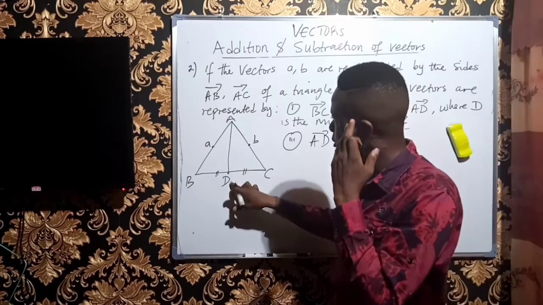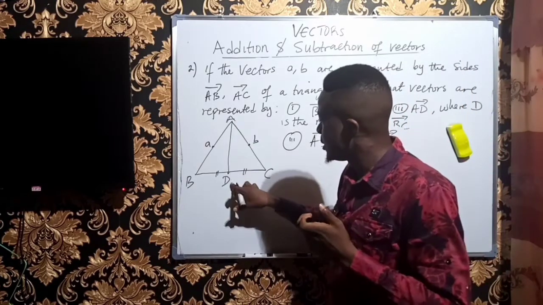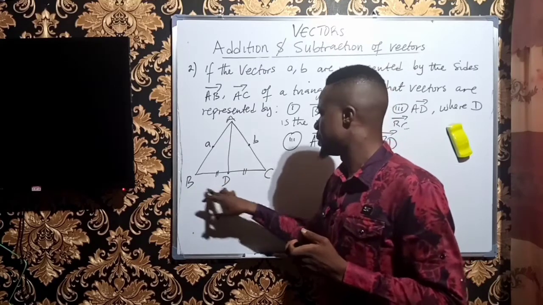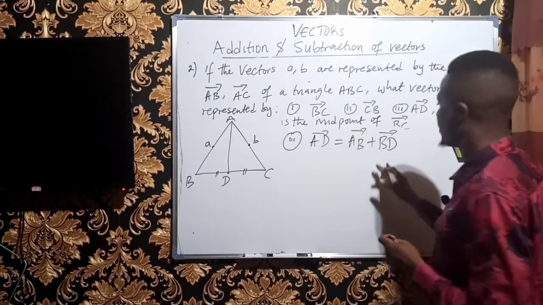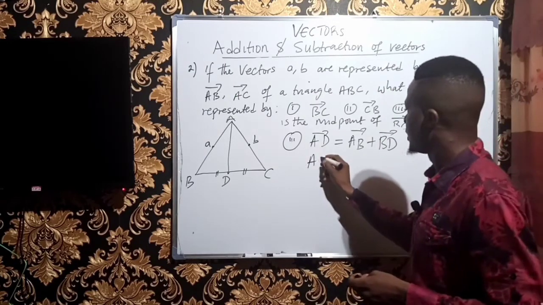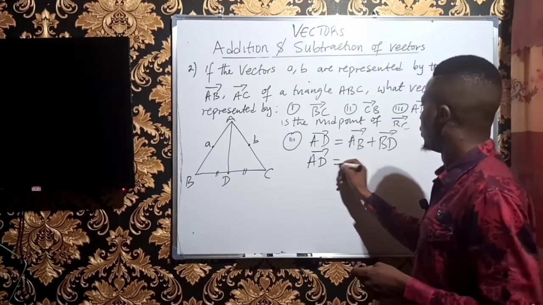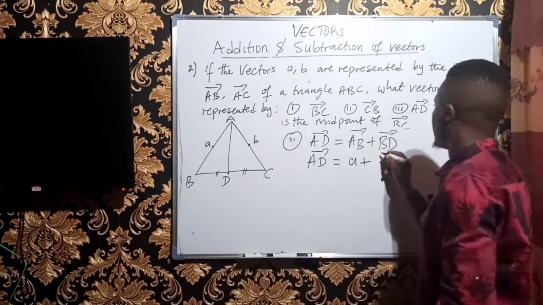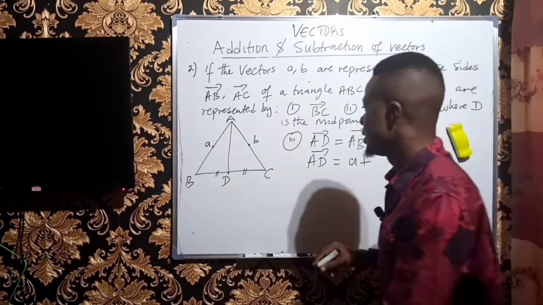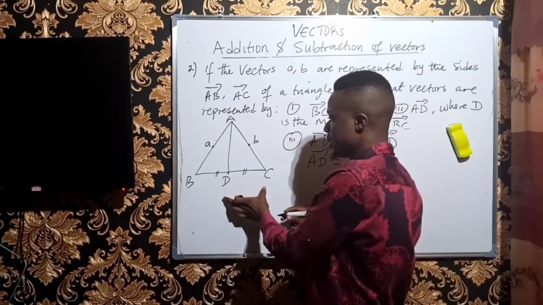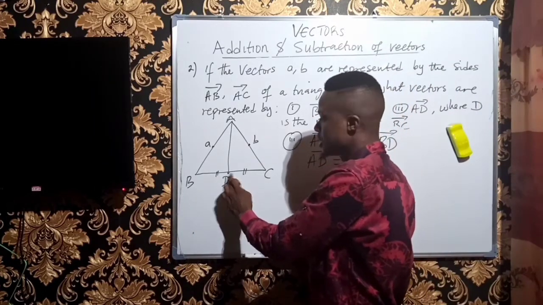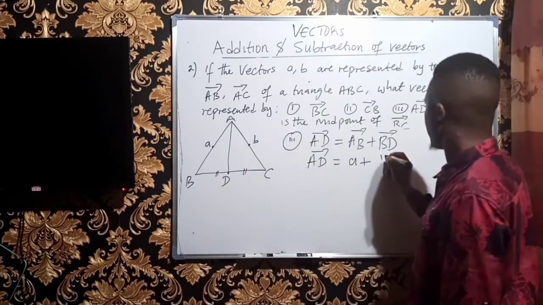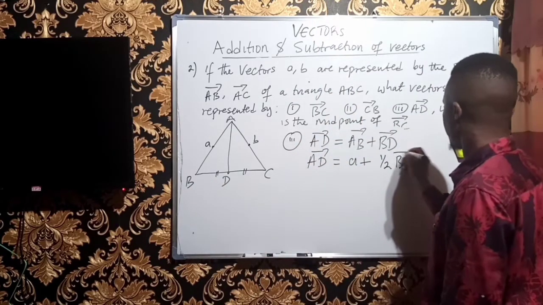So AD is AB plus BD, which I've written. So my AD will be AB. My AB is already A, plus BD. BD is the same thing as half of BC, because we are told that D is the midpoint. So BD is just half BC.